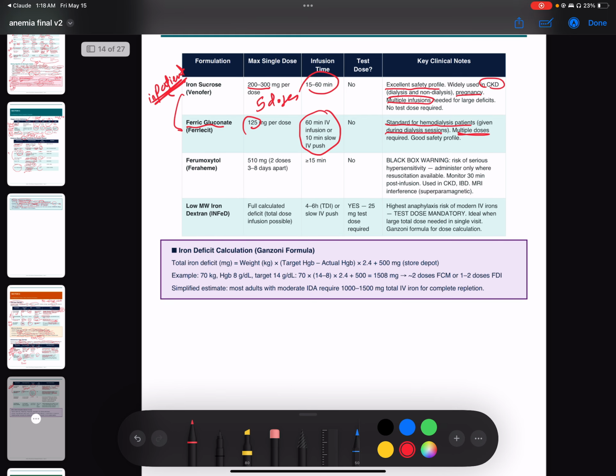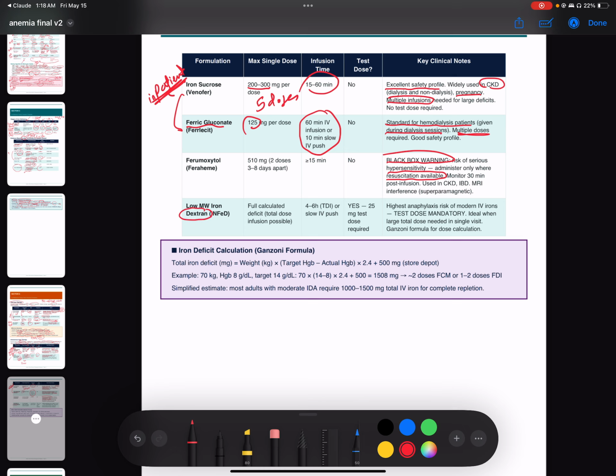The Feraheme, it's 510 milligrams, two doses 3 to 8 days apart. I don't see it as common because it has this black box warning. It can cause serious hypersensitivity. So if you are giving it, be ready to do resuscitation measures if they have severe anaphylaxis. The classic iron is the dextran.